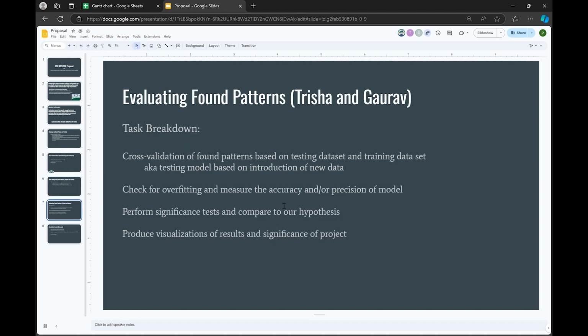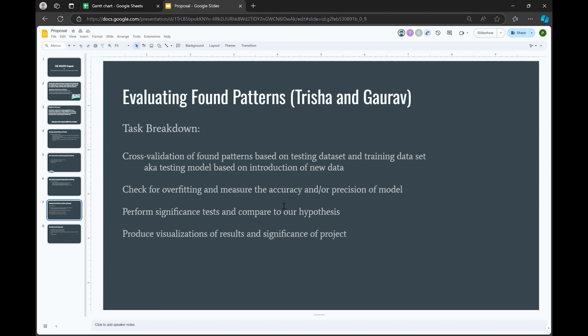Then finally, me and Gaurav will take what Peyton and Calvin had done in the last step, and we're going to cross-validate those found patterns based on our testing data set and training data set. So we're going to just be seeing how it does with the introduction of new data.